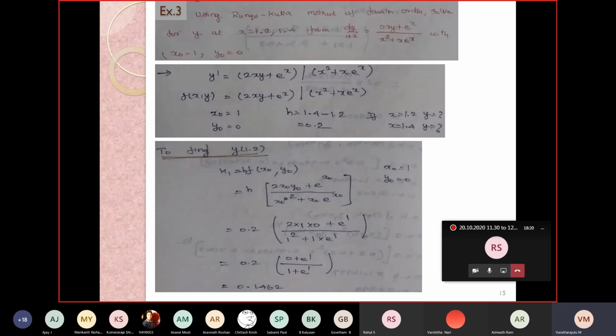First find that particular value and tell me the result. E power 1 divided by 1 plus e power 1, so 0.731. Very good. Okay, multiply with 0.2. Yes, sir, 0.1462. 0.1462, very good.